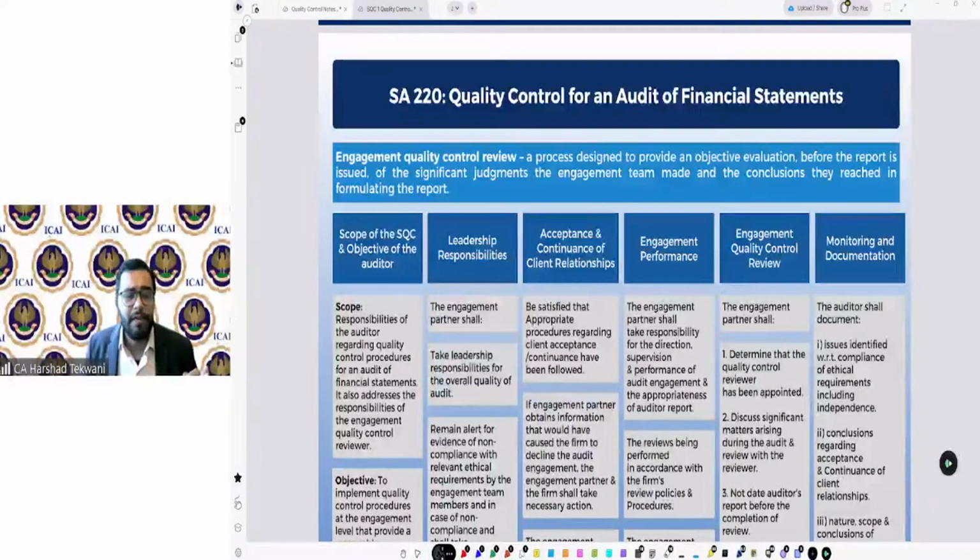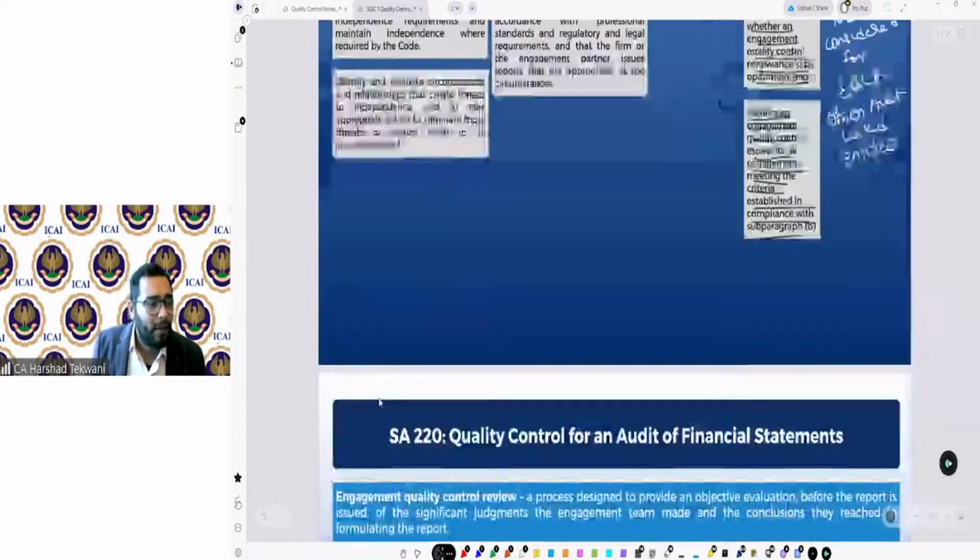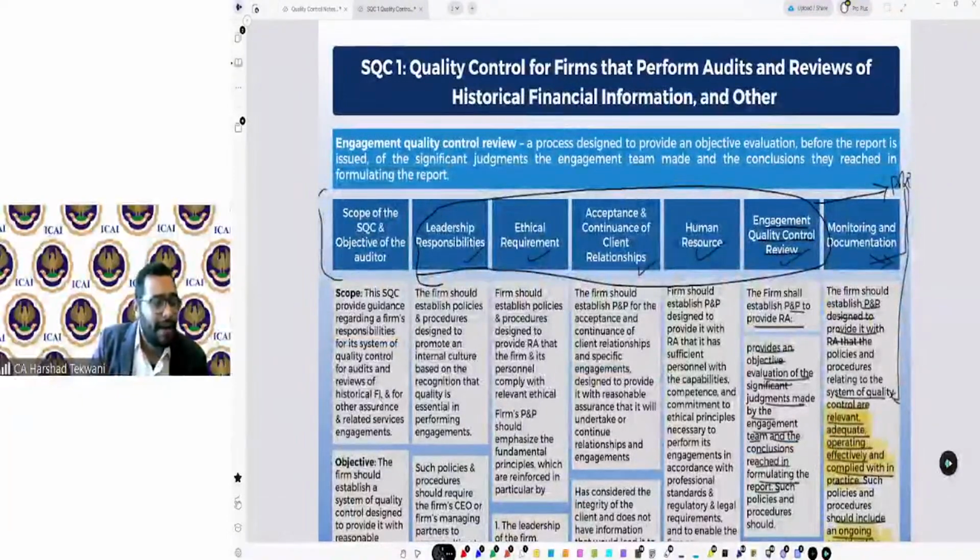Each and every standard has a scope, responsibility and objective. The scope of SA 220 is the responsibilities of the auditor regarding the quality control procedures for an audit of financial statements. But the scope of SQC 1 says it provides guidance on a firm's responsibility for a system of quality control for audit and review of historical financial information and for other assurance and related services engagements.